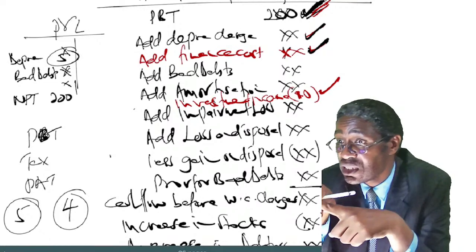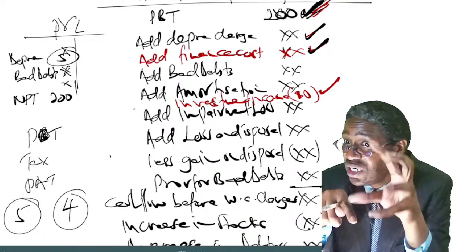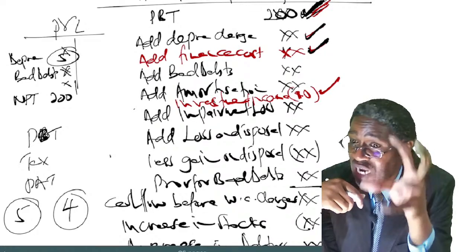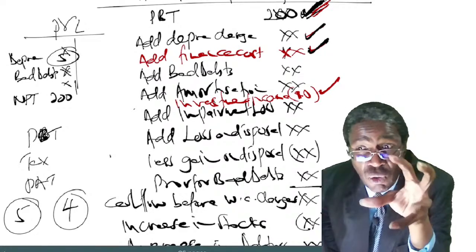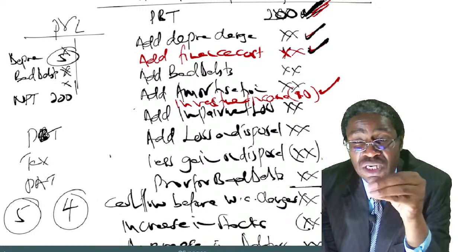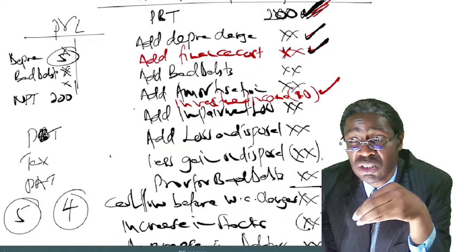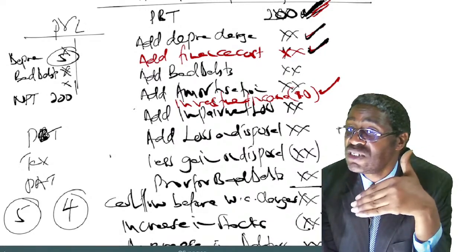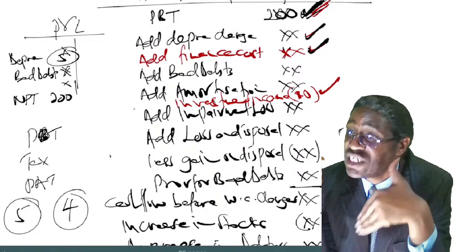You can say yes. You told me to deduct investment income, and I told you no. Because that time, I was only looking for non-cash item. But now, I have explained to you that investment income is part of investing activity.